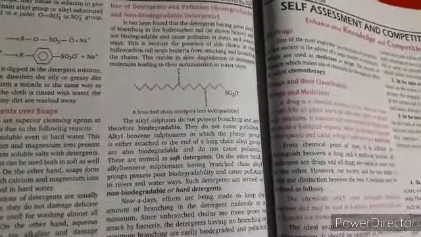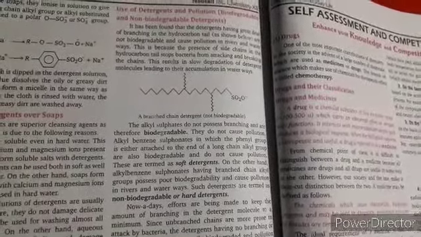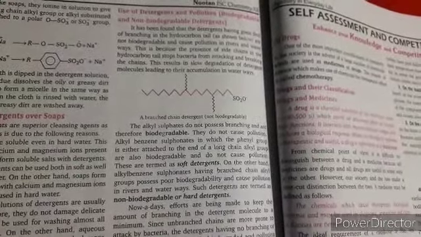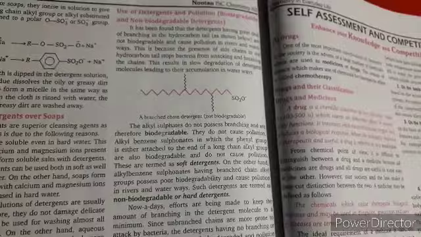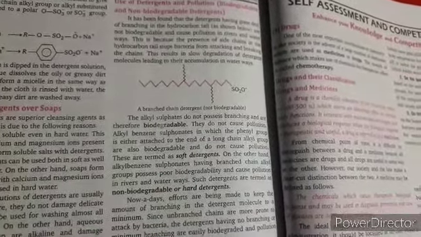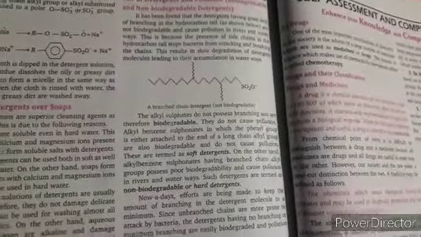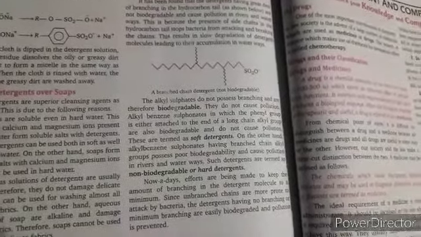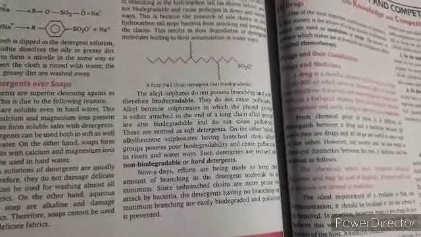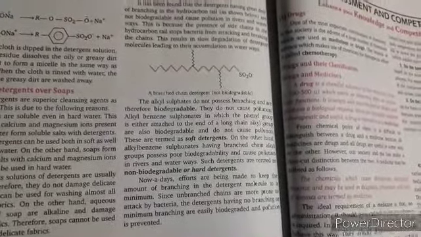Now you must be understanding the word biodegradable. You know that most of the detergents we are using locally are non-biodegradable, or hard detergents, and they cause pollution in your rivers and water, wherever these detergents reach. And nowadays we are facing a big problem of pollution, and these detergents are responsible for that.